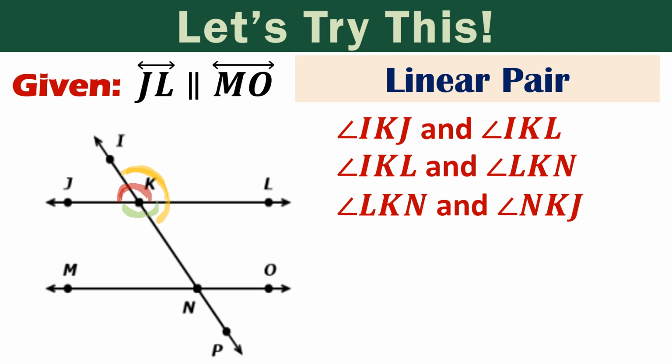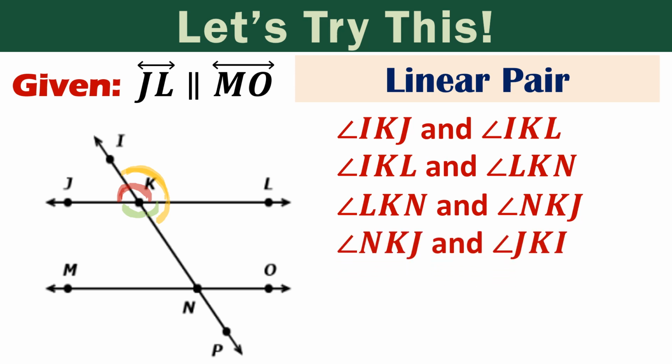We have a straight line JL, and it is divided into two angles, LKN and NKJ, wherein they are adjacent and at the same time supplementary. Thus, they are a linear pair.